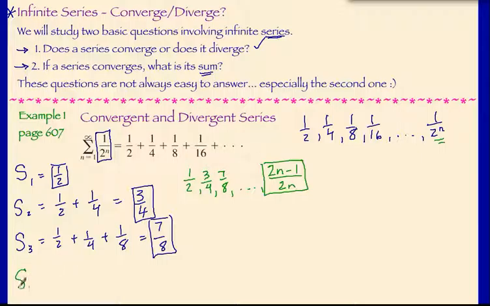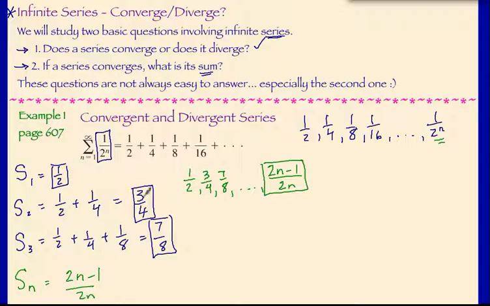So we could say then S sub n is going to be 1/2, 3/4, 7/8. The general term then is 2^n minus 1 over 2^n. Now, we can use this general term to see if the sequence of partial sums converges, just like we were finding out if the general term of an ordinary sequence would converge.